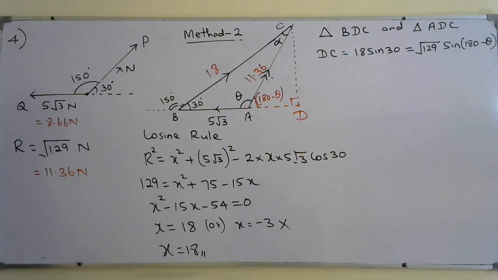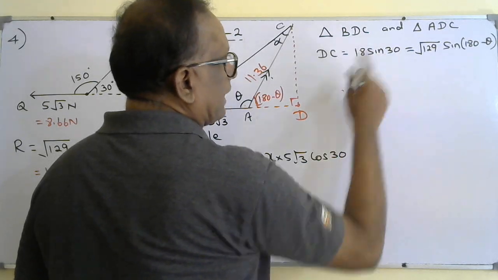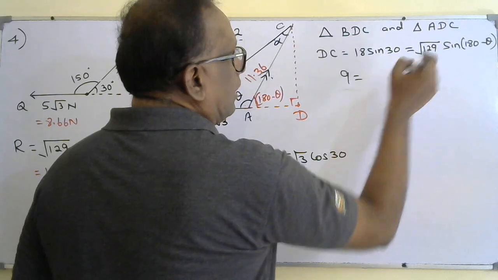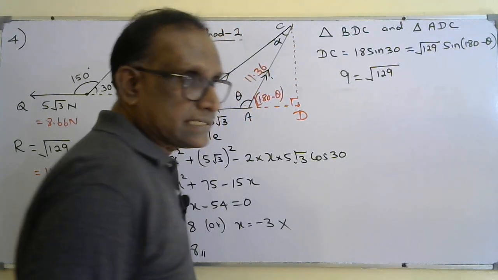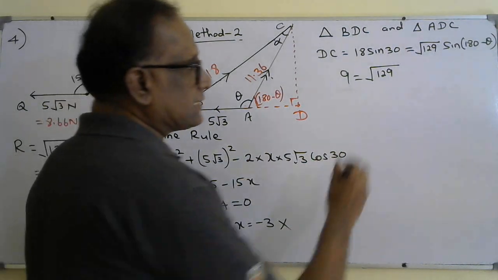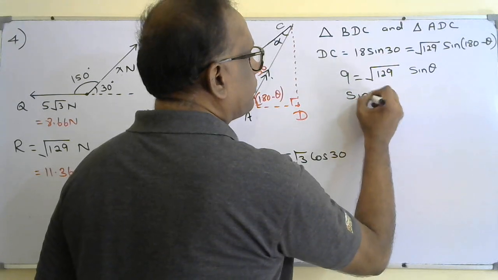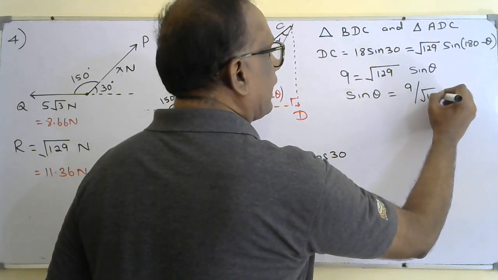Sine 30 is equal to half, so 18 into sine 30 is 18 into half. So that is 9, equal to square root of 129 sine 180 minus theta. In the second quadrant, sine of 180 minus theta is sine theta. So sine theta is going to be 9 over square root of 129.